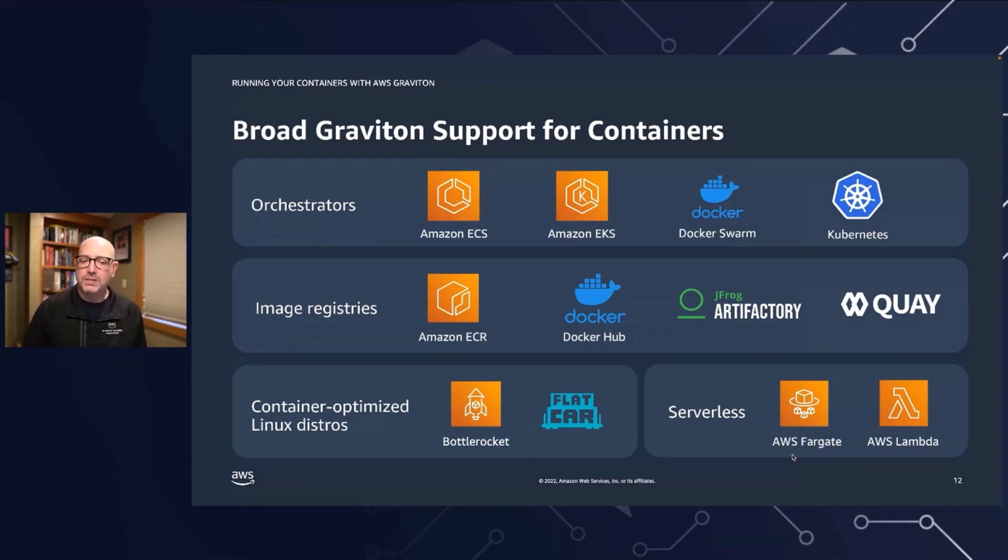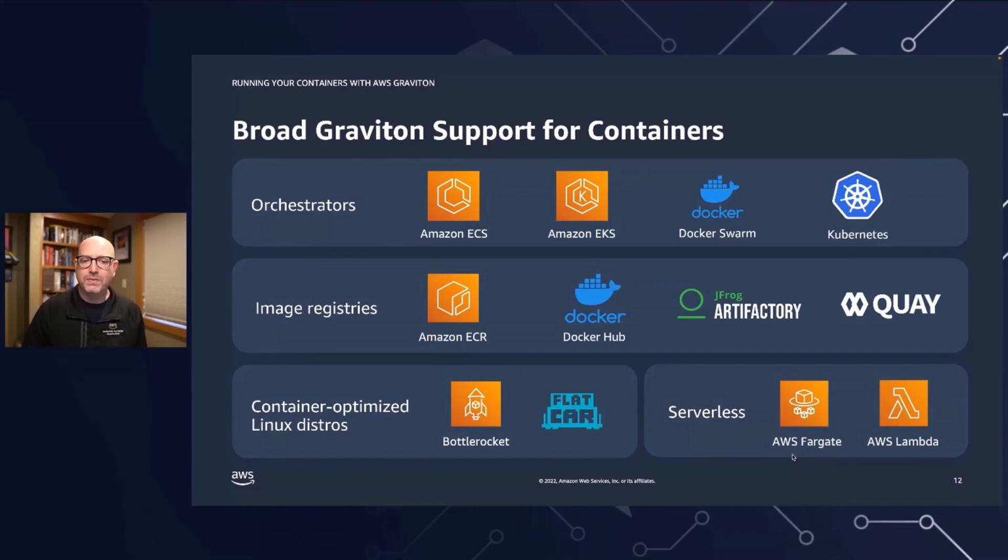Container-optimized Linux distros that support Graviton include Bottlerocket, which is AWS's custom-built container-optimized Linux distro, which provides very high security and a small footprint. Bottlerocket has been solely designed to run containers and has left out all the unnecessary features and improved security by having SELinux, the security layer for the Linux kernel, enabled by default.